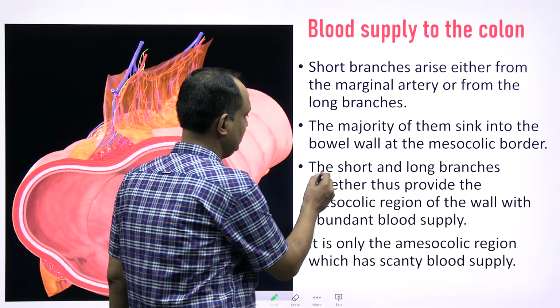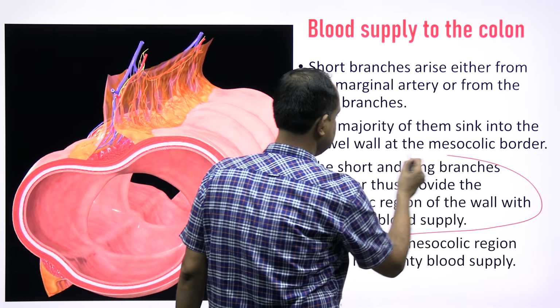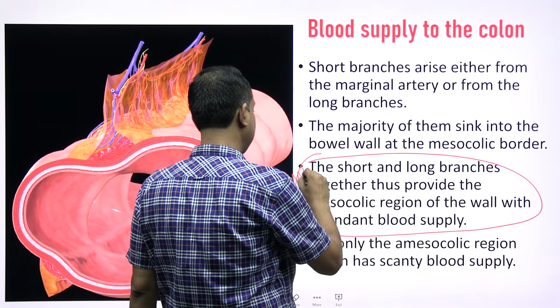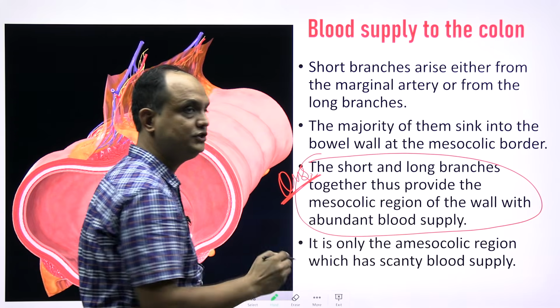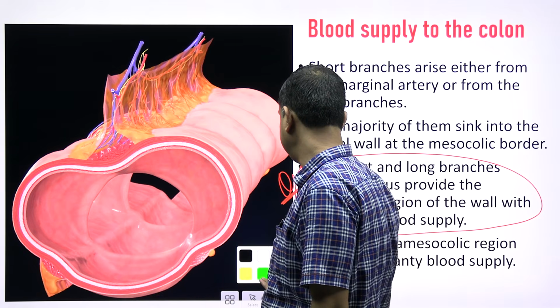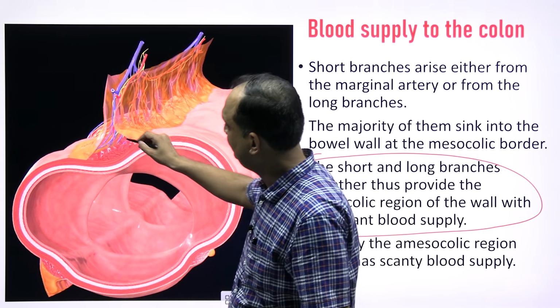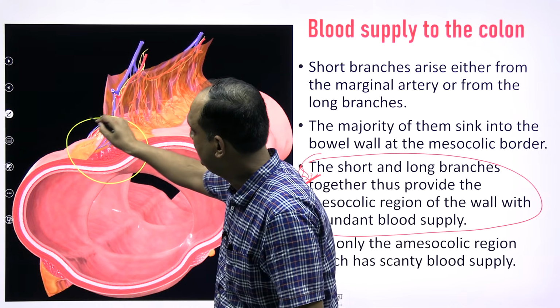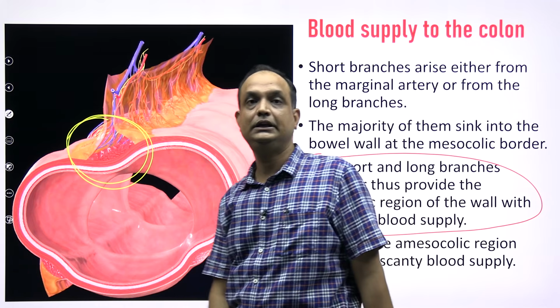So, this is what I am talking about. This question is there in your clinical based MCQs, that which part of the colon is highly vascular and why. If you see this circumference of the colon here, you will find that this part is highly vascular. There are two reasons.